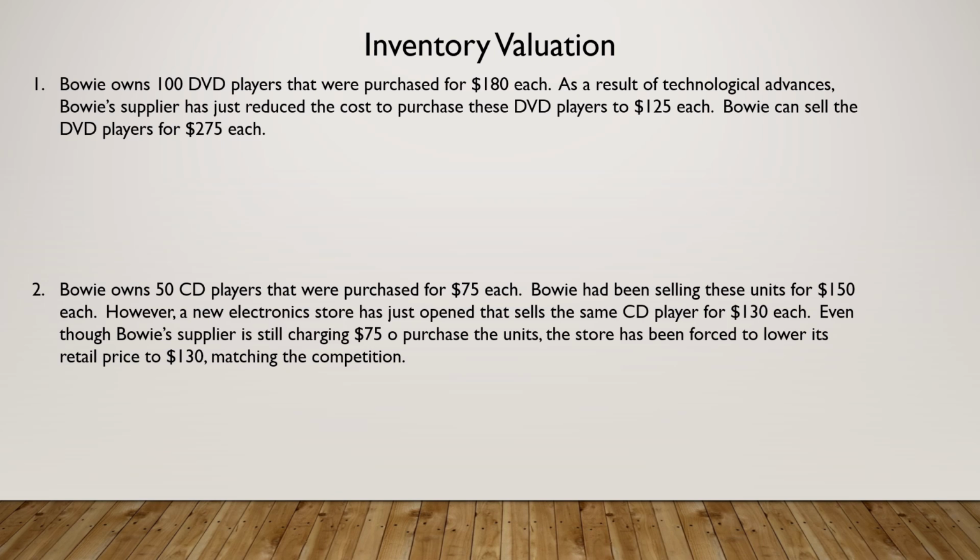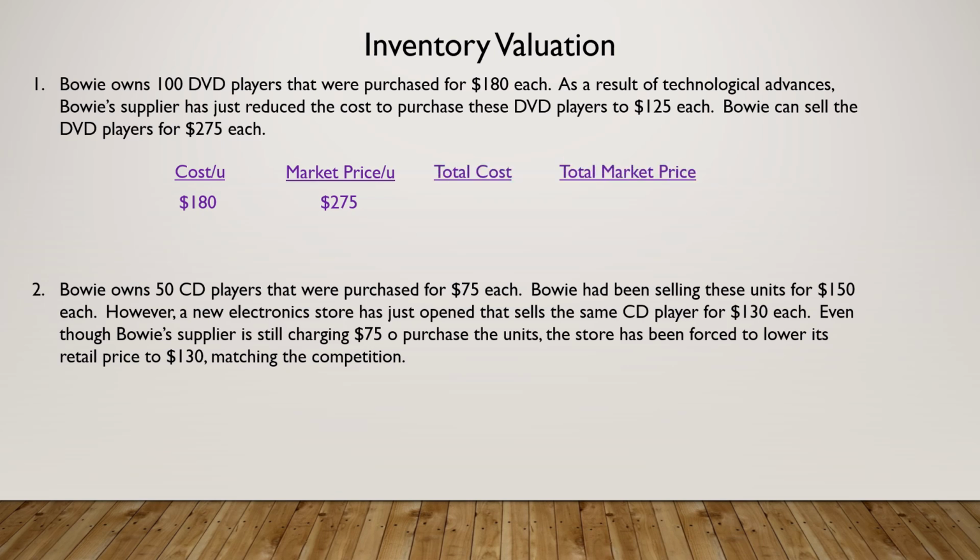Lower of cost or market is just as the name suggests, a comparison between cost and market price, $180 and $275 respectively. Next, we determine the total cost and total market price of that inventory.